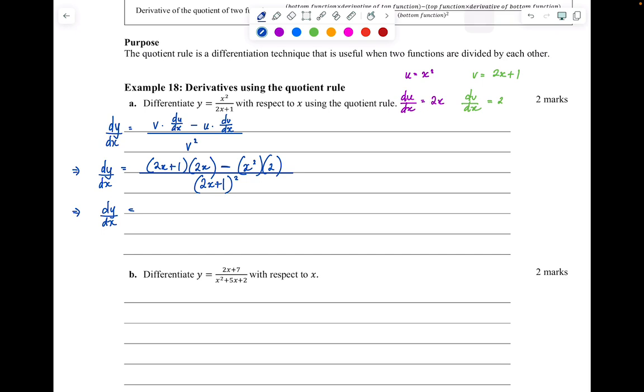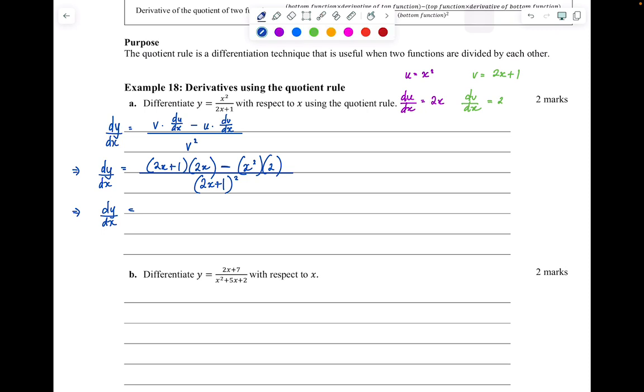Let's expand and simplify the numerator. For intents and purposes, we'll leave the denominator in that factorized form, just so that once you get into Year 12, you get into the habit of expanding the top and simplifying the top, because that's the most common part.